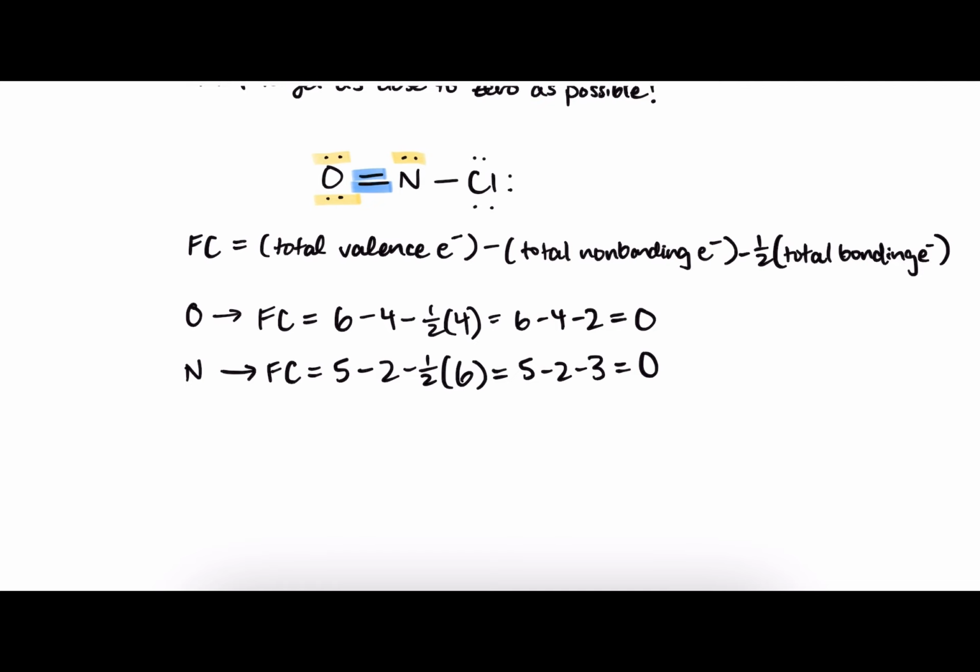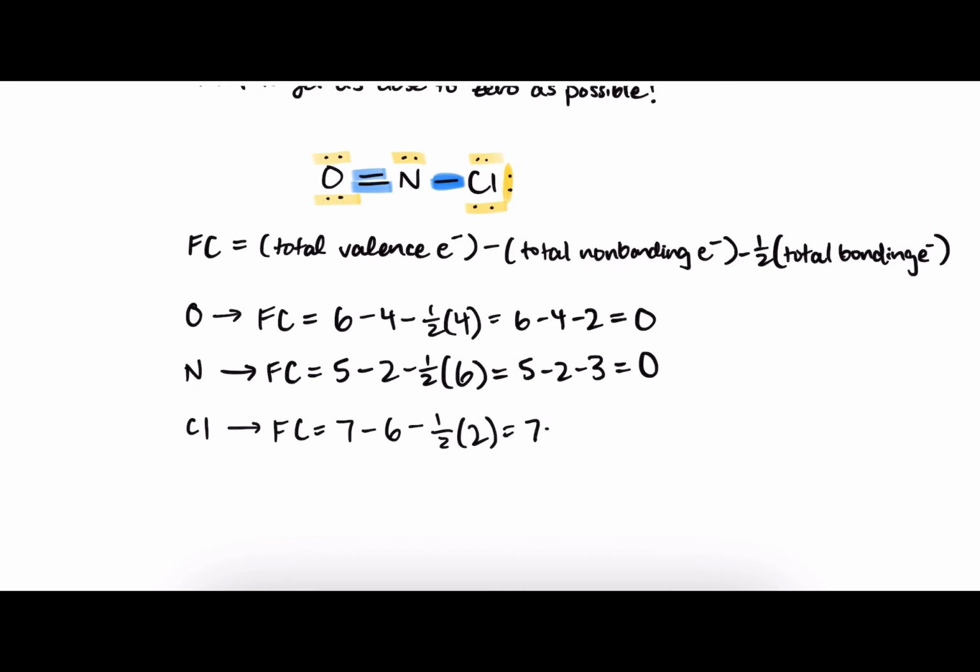Let's now solve for chlorine. We'll start with formal charge is equal to, chlorine has 7 valence electrons, minus, let's count up these non-bonding electrons, 2, 4, 6 non-bonding electrons, minus 1/2 times the total number of bonding electrons, and we can see that chlorine only has 1 bond here to its left, which means it has 2 total bonding electrons.